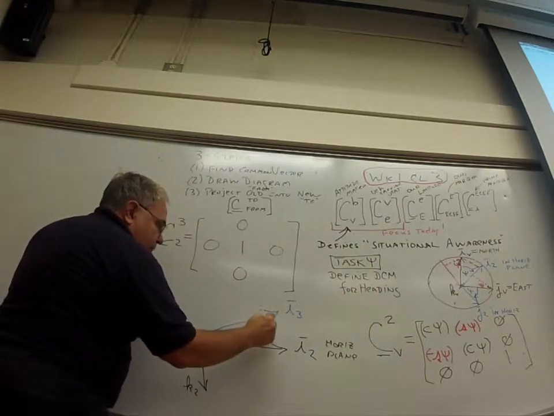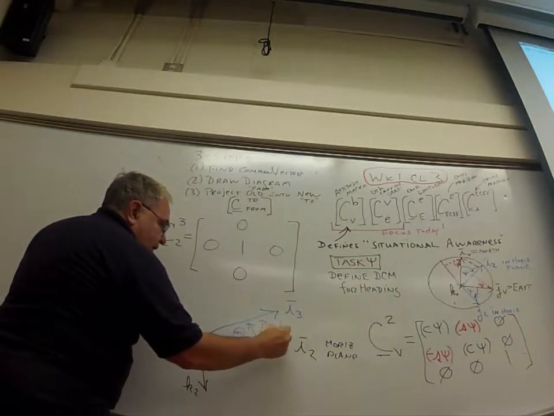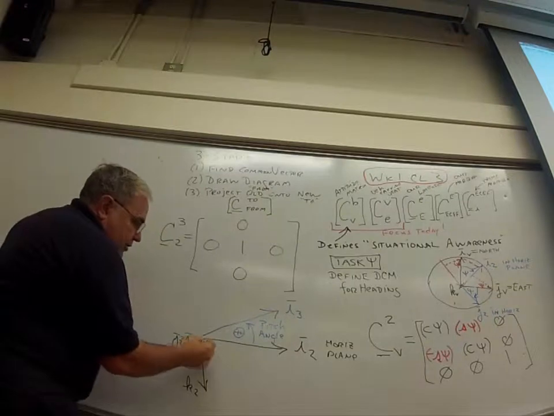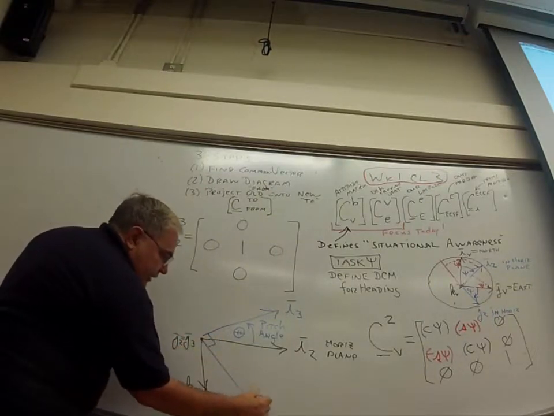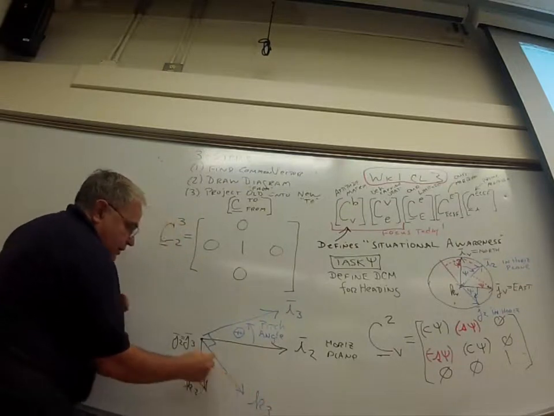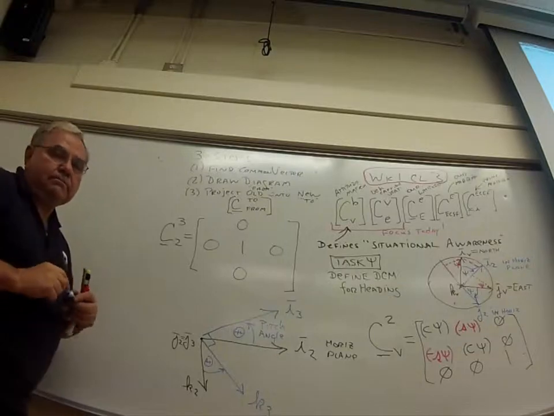And this we call pitch angle. Psi was called heading angle. And of course, K is also going to rotate. It's going to be 90 degrees from the I3 vector. And K3 will also rotate angle theta, like so. Okay.